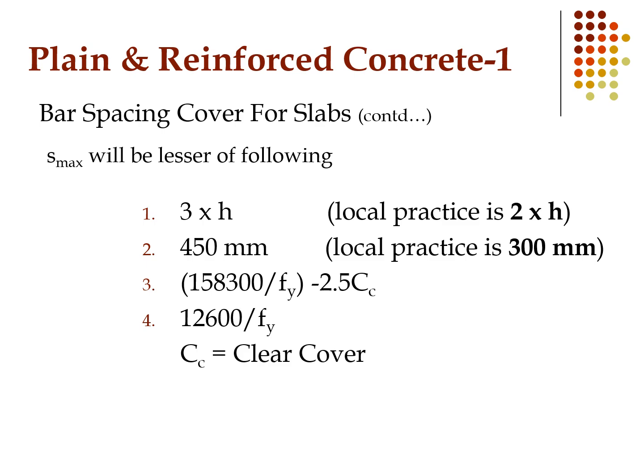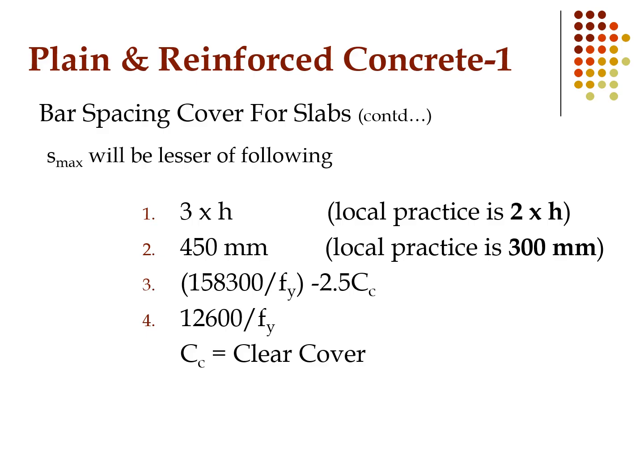Now the spacing between the main reinforcement, S max, will be the minimum of the following criteria, and these are the criteria devised by the ACI code. So the minimum of these four criteria will be our S max. First one is 3 times h, where h is the thickness of the slab. Second is 450 millimeter.